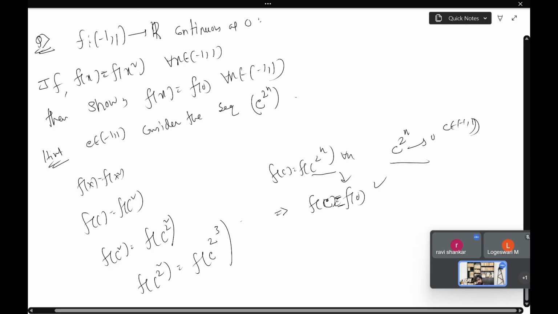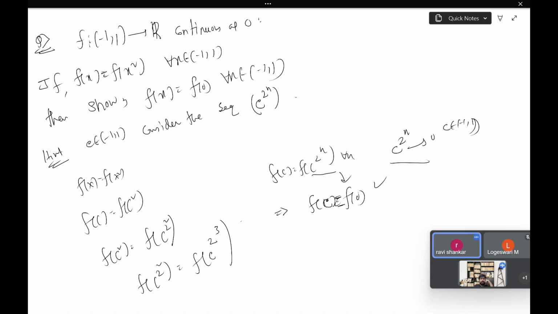Sir, what is the purpose of this sequential criteria in continuous functions? How is it different from the limit definition?